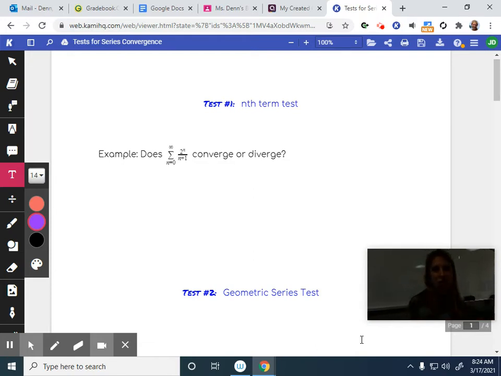And now we're about to take a turn and talk about how we know whether a series converges or not. We talked about it a little bit with geometric series, but we haven't really gotten deep into it. So there are 5 series convergence tests, and we need to talk about all 5 of them.